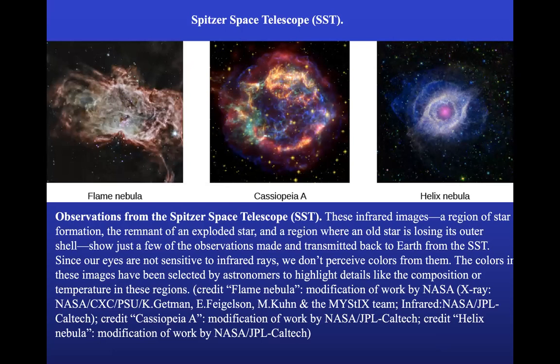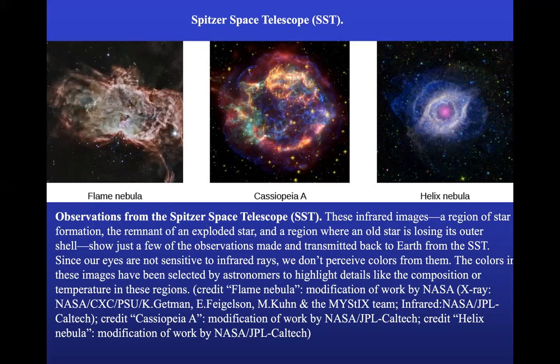Now, one of these is a region of star formation, another the remnant of an exploded star, and another a region where an old star is losing its outer shell. So these are the three scenarios. The one in the left corner is a region of star formation, and the one in the middle is the remnant of an exploded star.